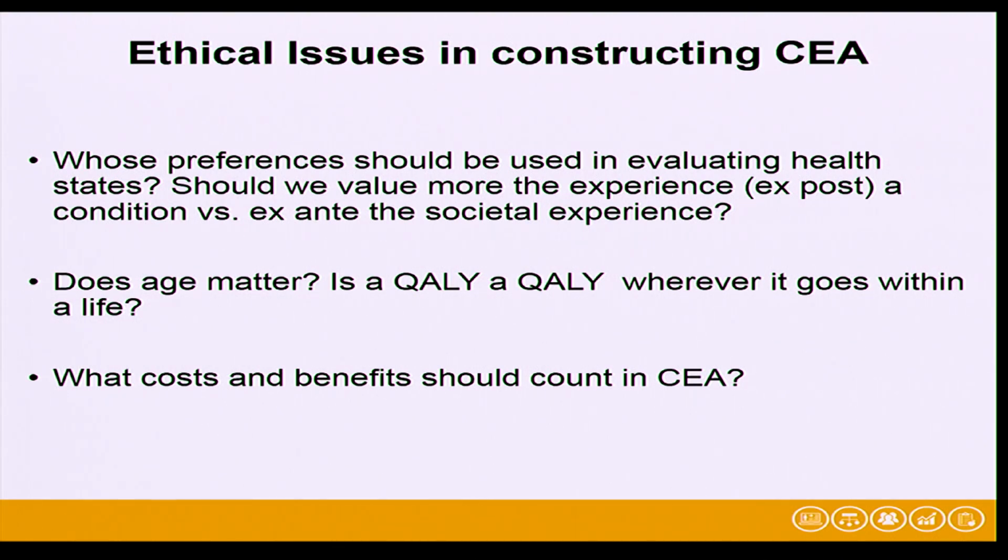I wanted to talk a little bit about 2 issues in the division between constructing and using CEA that the chapter uses as a framework for dividing cases. One issue that has been discussed a good deal in the literature is whose preferences should we use in evaluating health states.